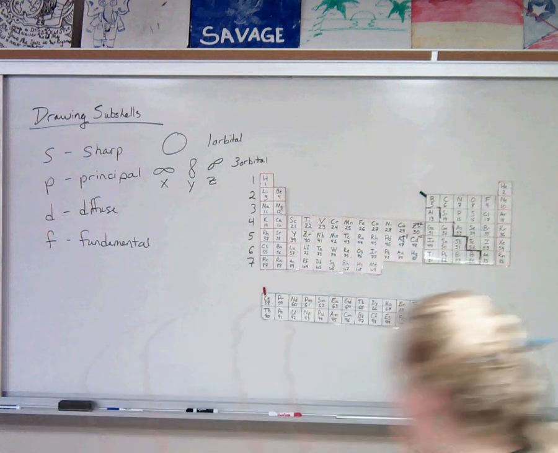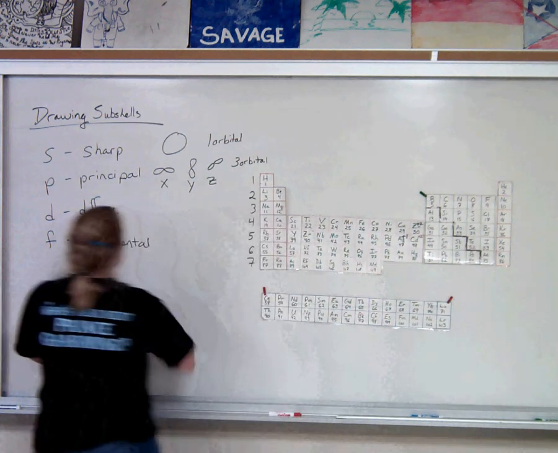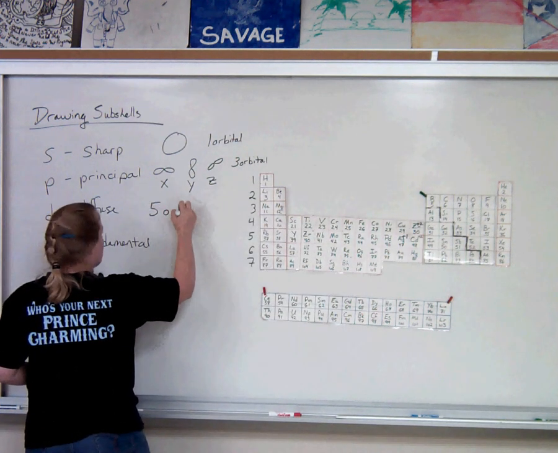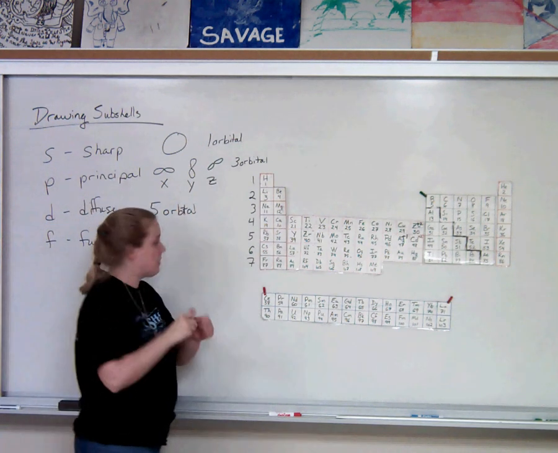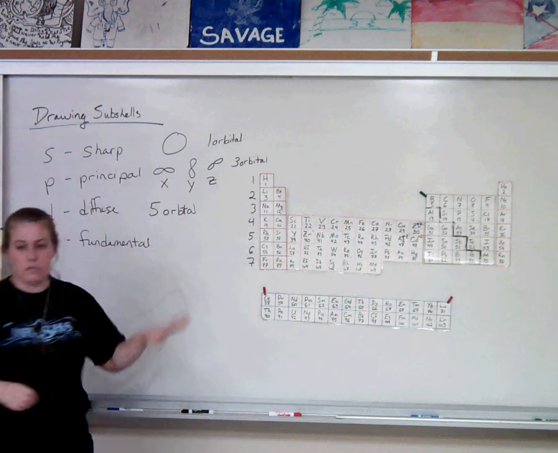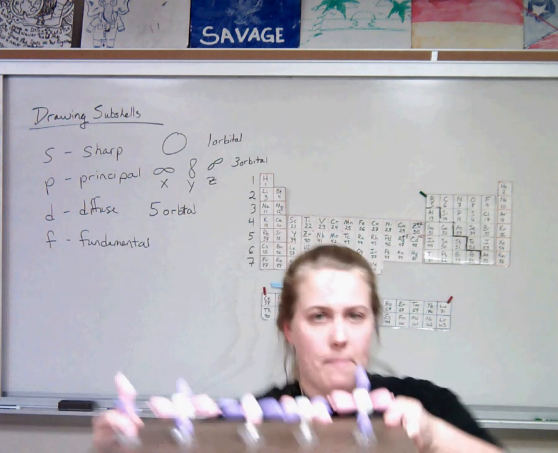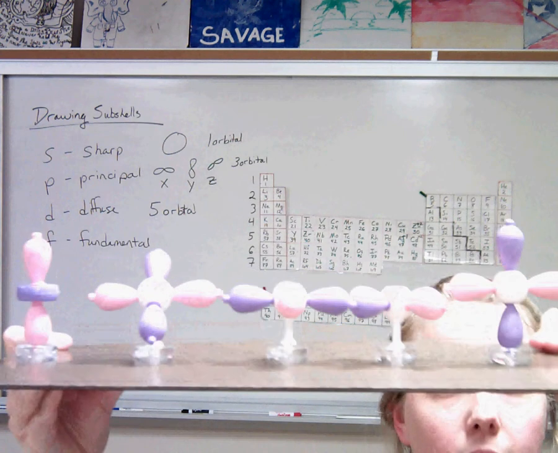Then we have the D subshell, which, as you saw in the last video, has 5 orbitals. It gets more and more complicated as you go up the list. So these are cloverleaf shapes, and there are 5 of them, pointing in 5 different directions.